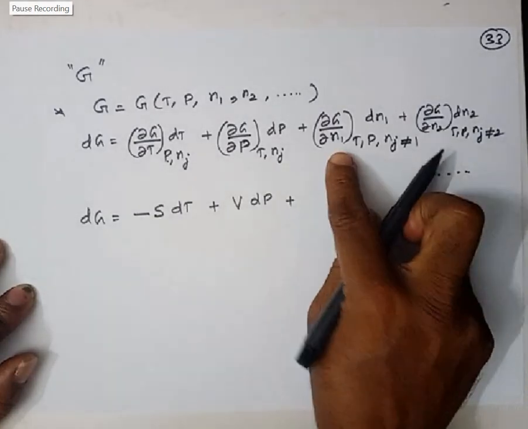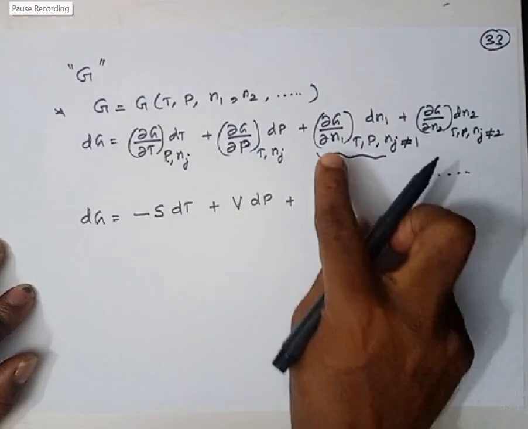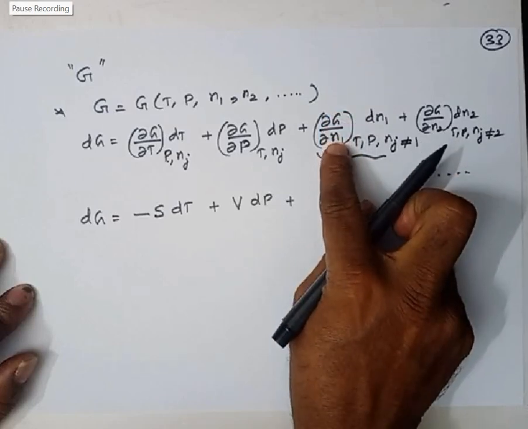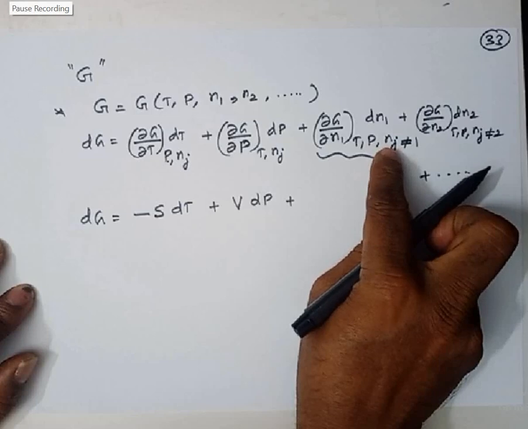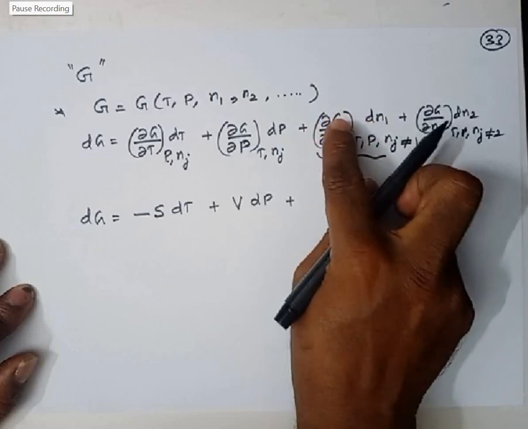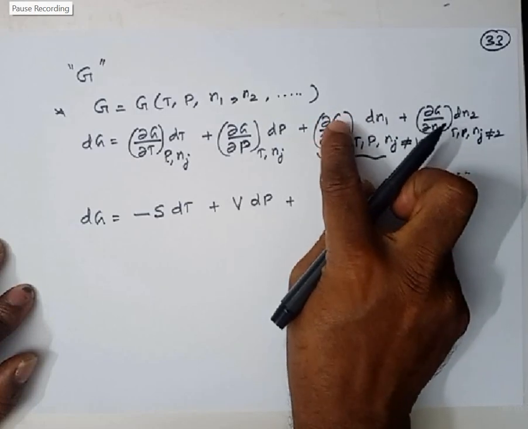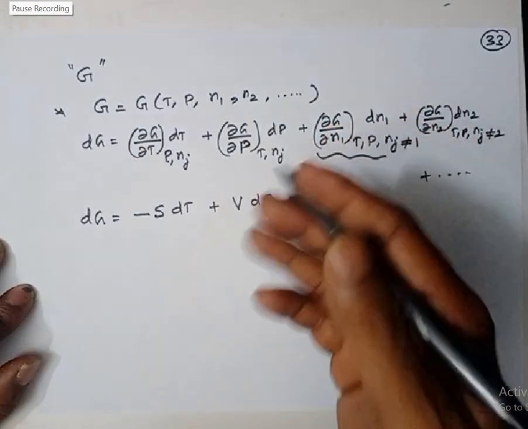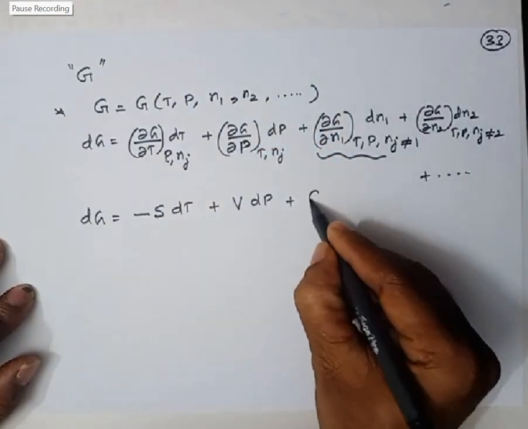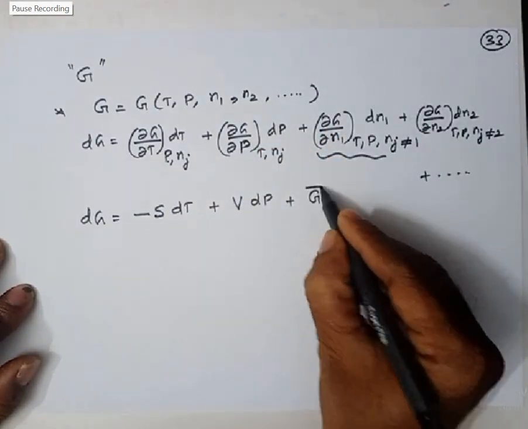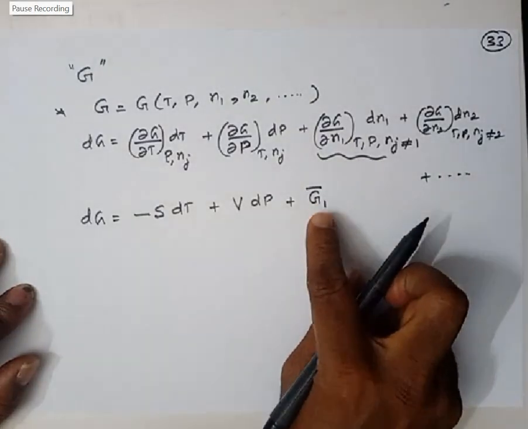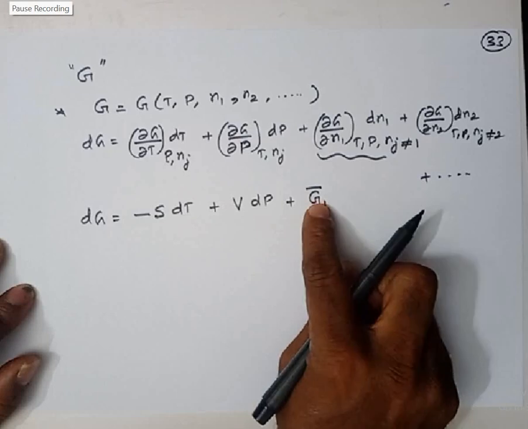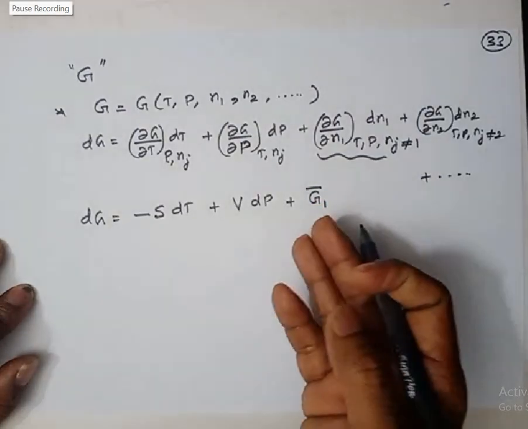Plus, listen, this quantity dou G by dou N1, keeping temperature, pressure and the number of moles of all other components constant, is nothing but the partial molar Gibbs free energy, which we normally write as G bar. G1 bar is the partial molar Gibbs free energy, which is nothing but the chemical potential.